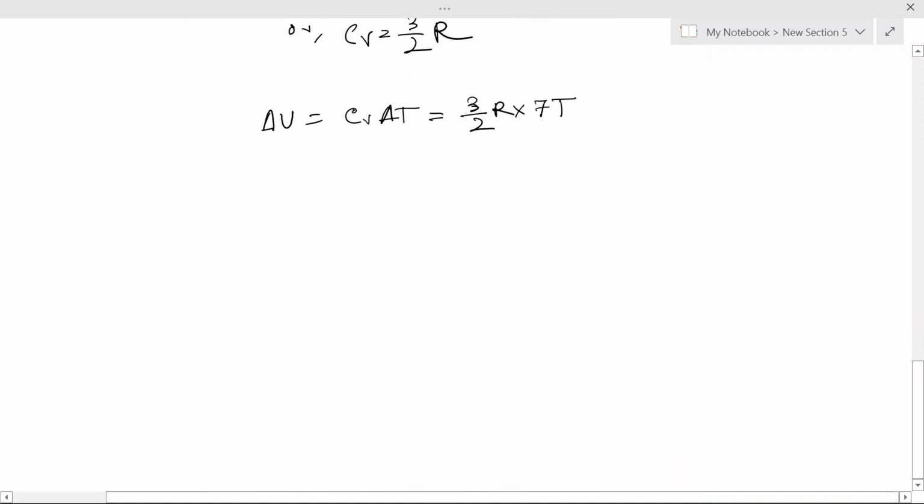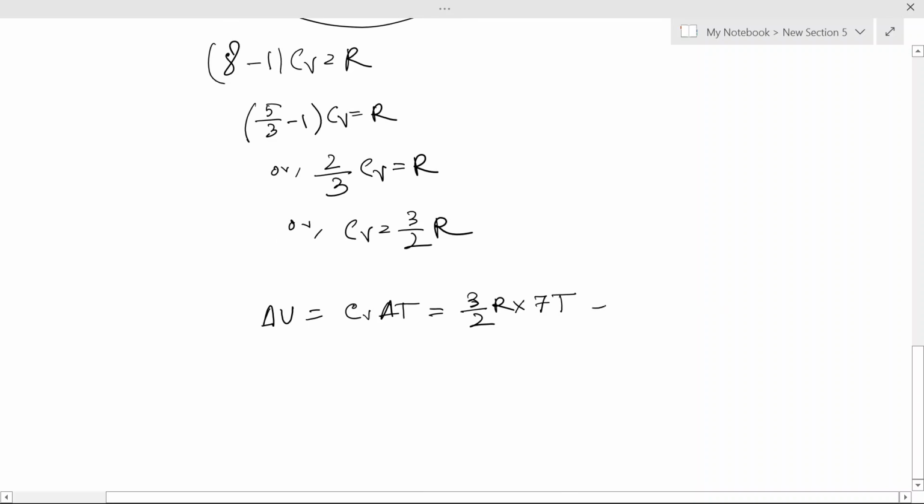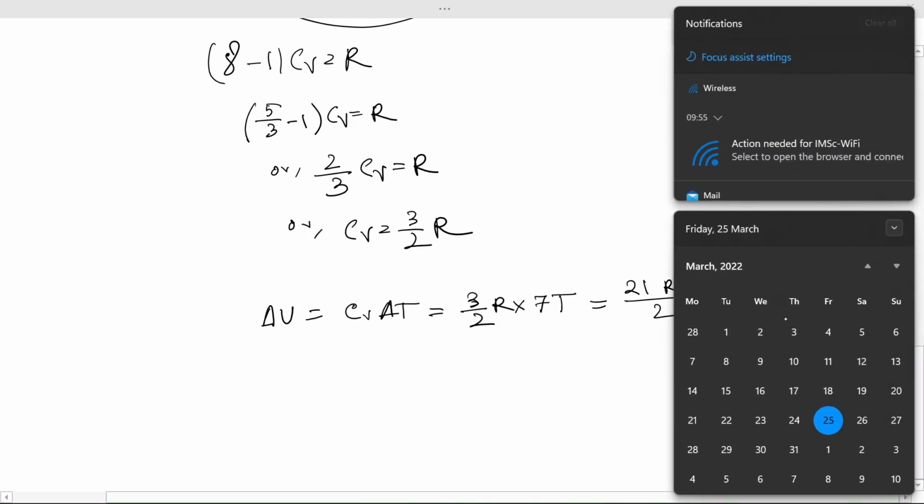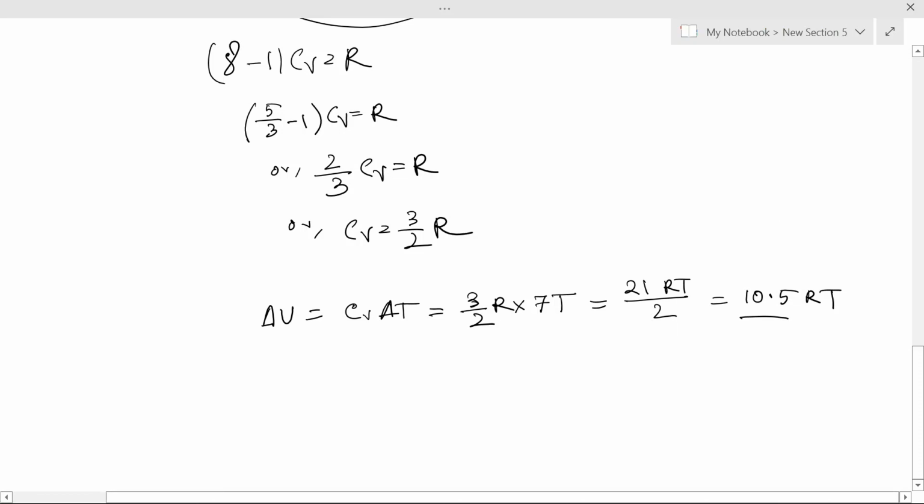Yes. So the answer is 21 RT by 2, which is 10.5 RT. So this is the answer I am getting. I don't know if it is correct or not, but this is what I am getting.